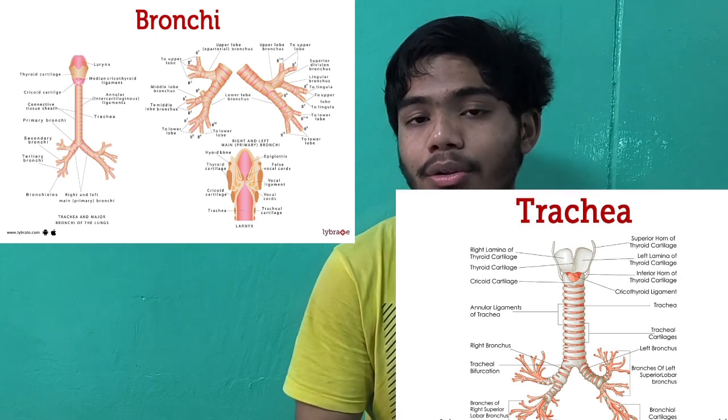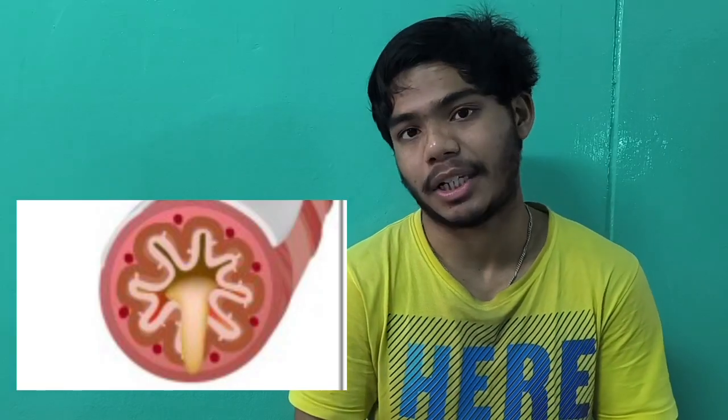This excess mucus is not required by the body, so the body tries to get rid of it. In order to do so, the body coughs so that this excess mucus can be expelled. This is the reason why a persistent cough occurs.